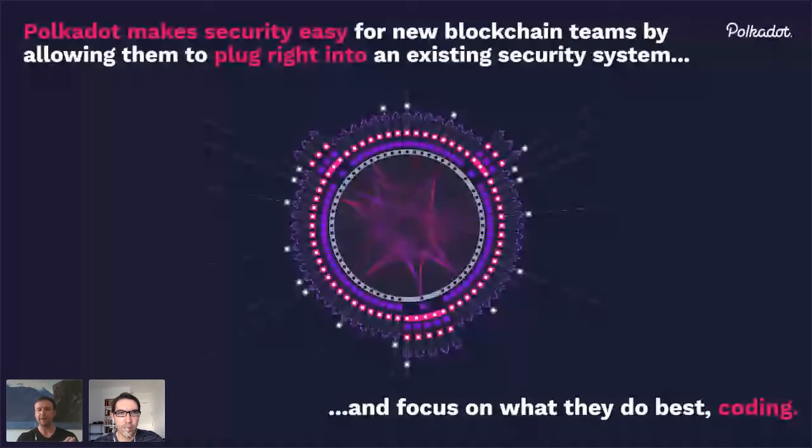Just like the person who chopped their own wood, created their desk, and bought the nuts and bolts, they spent a lot of time doing something that is not their specialty. So we want to avoid that with Polkadot. We want people to come in and have an existing network of these validators, as we call them, who have this massive amount of security that they can immediately plug into, and not waste their time going out and trying to recruit a whole set of validators to secure their blockchain.